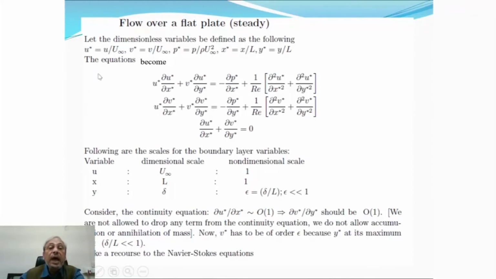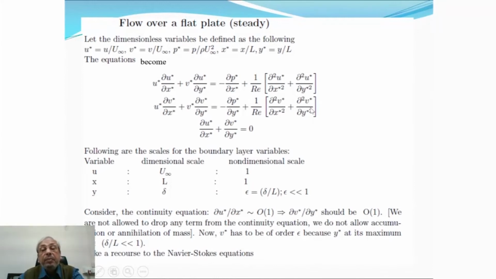What we do, the dimensionless variables, again we non-dimensionalize u by reference velocity u infinity, v by reference velocity, again u infinity, p star by reference dynamic pressure head rho u infinity square, x star is x by L, y star is y by L. So this equation becomes u star del u star del x star plus v star del u star del y star equal to minus del p star del x star, plus here obviously we get 1 by Reynolds number into del 2 u star del x star 2 plus del 2 u star del y star 2.